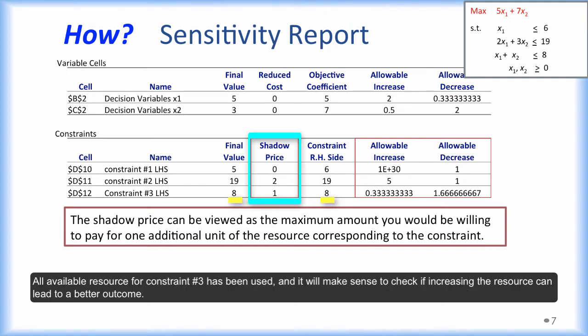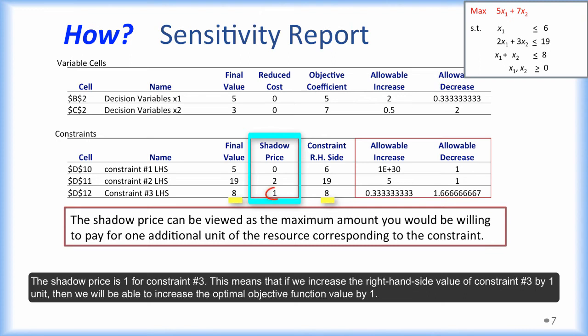All available resource for constraint number 3 has been used, and it will make sense to check if increasing the resource can lead to a better outcome. The shadow price is 1 for constraint number 3. This means that if we can increase the right-hand side value of constraint number 3 by 1 unit, then we will be able to increase the optimal objective function value by 1.